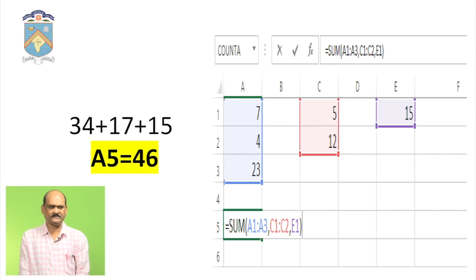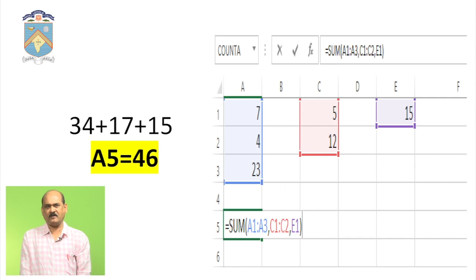So the formula is, you see in A5, equal sign SUM, function name, parenthesis begins, left bracket A1 colon A3. This time it takes only A1, A2, A3 and you observe a comma. A comma is one important punctuation mark in English, and in Excel also it is considered as syntax, the correct grammar of the function.